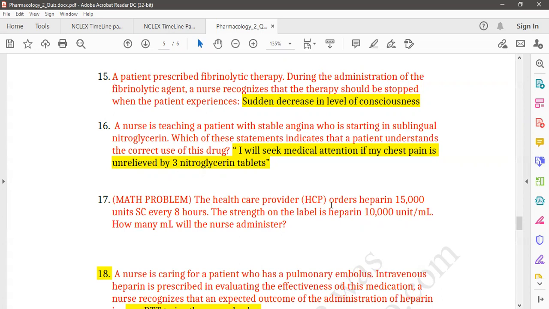So the doctor's order is 15,000, the medication in hand is 10,000, the volume is 1 ml. 15,000 divided by 10,000, so what result will come? That is the ml the nurse will administer.